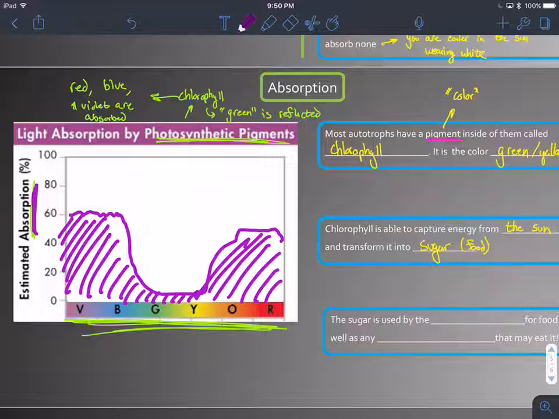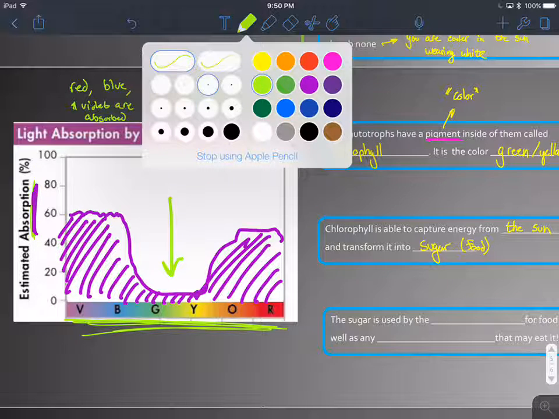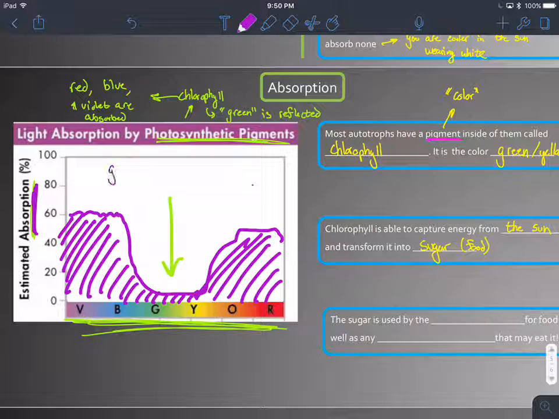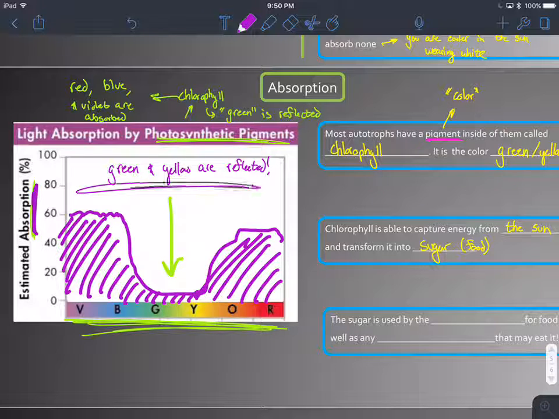You guys can see that right here. This is showing you that green and yellow are reflected because there's no peak saying that they're absorbed.